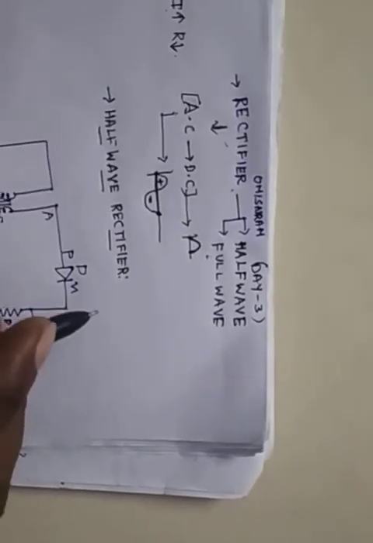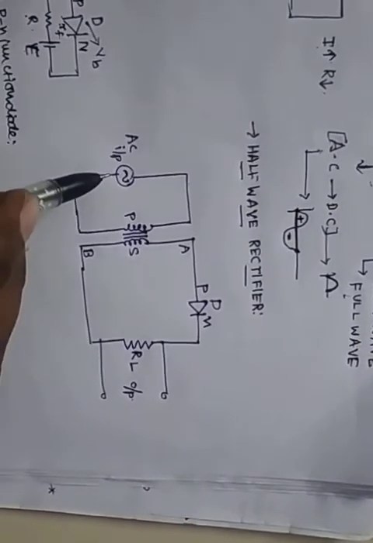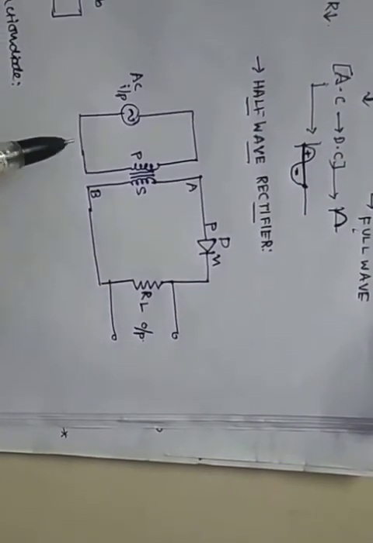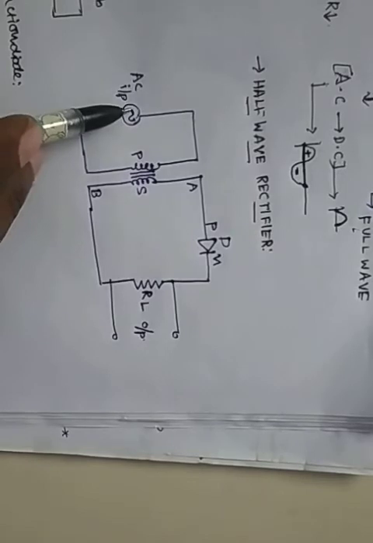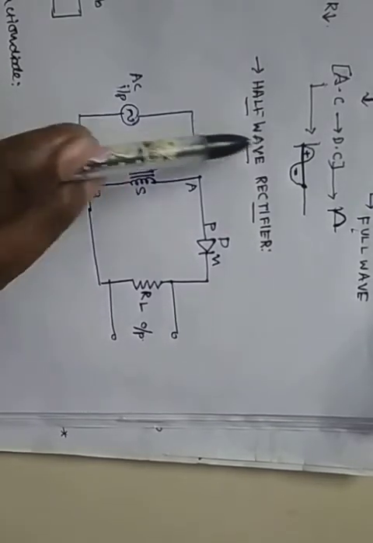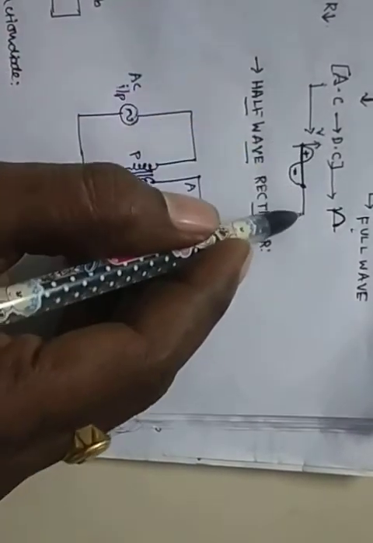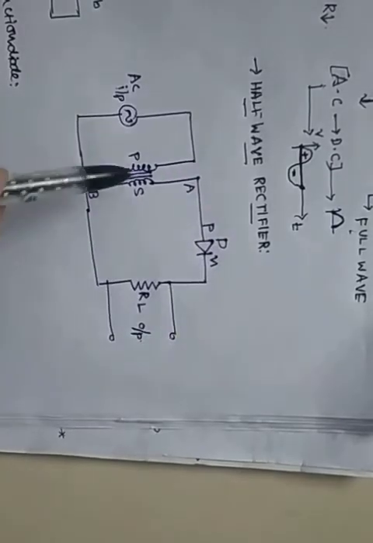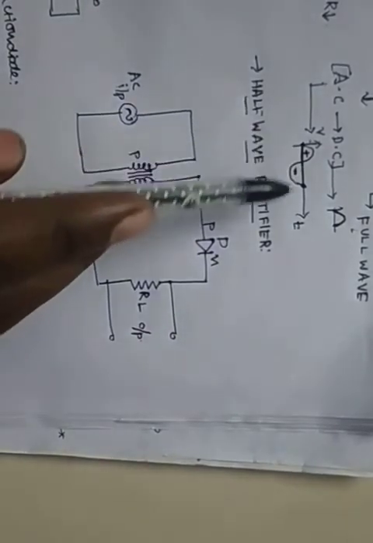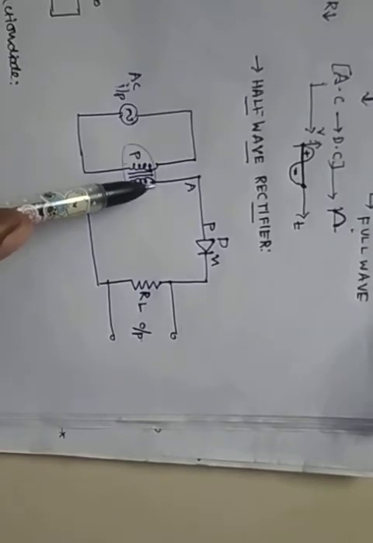So see the circuit here. In this circuit, this is the AC input, which is nothing but the variation of voltage with time. Now this AC input is connected through a transformer.